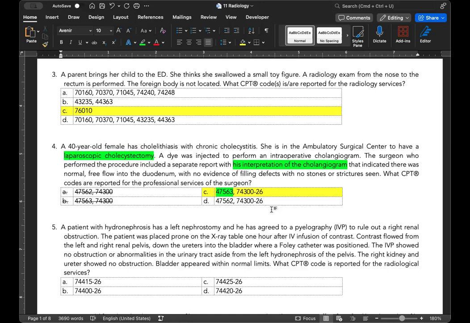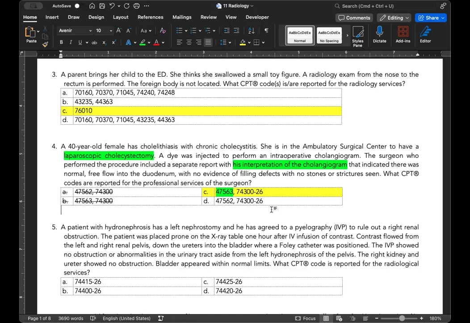So a 26 is not used if it's in a hospital? No, the 26 would be used if it's in a hospital. Where would it not be used? It would just not be used if the physician owns the equipment. So more than likely in their office, like if it's in a doctor's office. Okay, hang on.